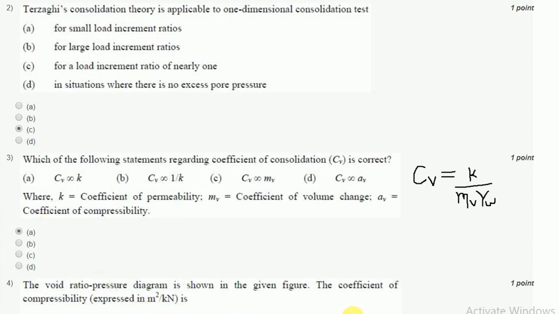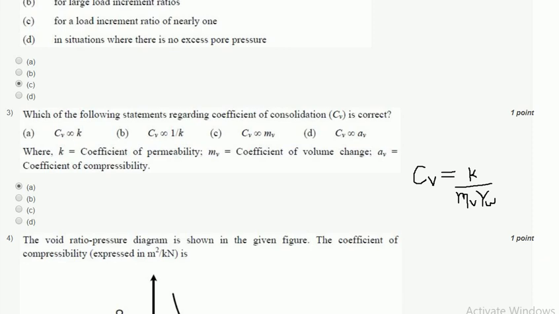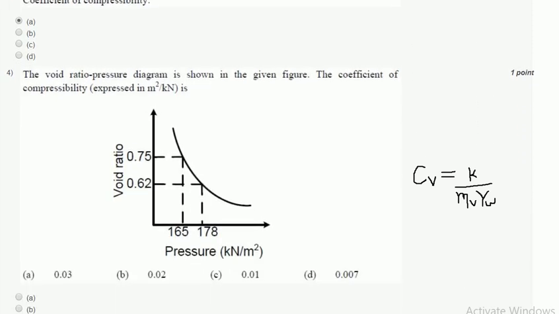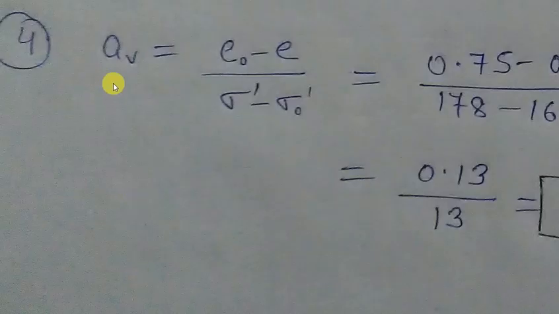Now move to question number 4. In this question, we have to find the coefficient of compressibility, that means av. So let's see the solution for this question. av is equal to e0 minus e by sigma dash minus sigma 0 dash.